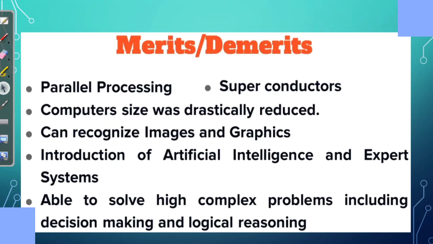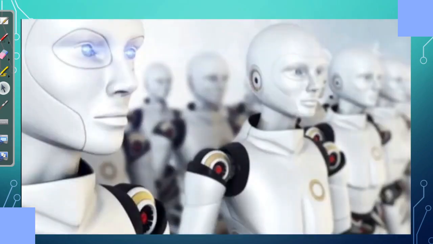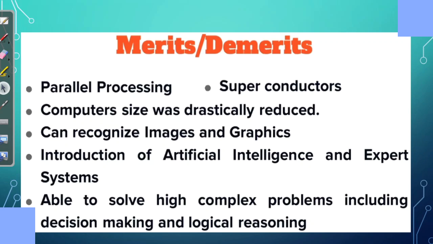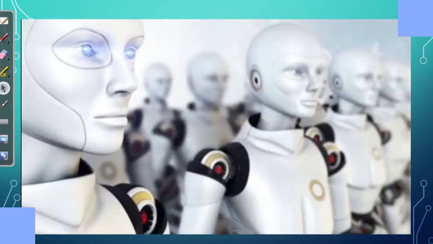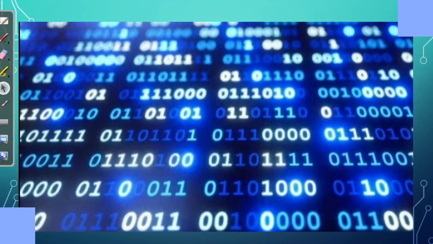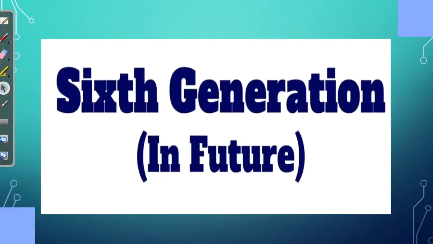It also recognizes images and graphics tools, and it supports the AI concept, that is artificial intelligence, and expert systems. It has high complex problem solving capabilities through decision making and logical reasoning. So these are all the evolution parts of the fifth generation, how coding gets involved in logical computing and all.